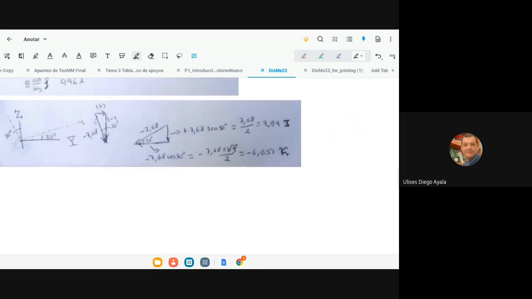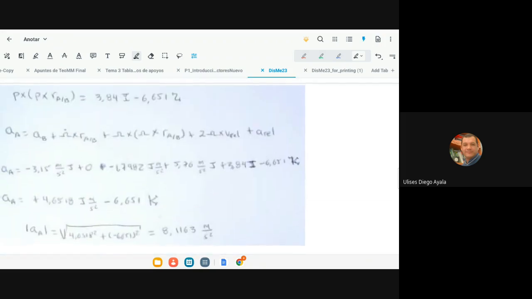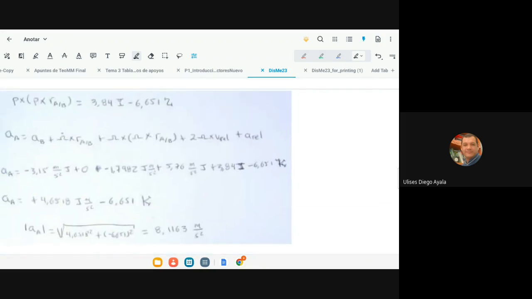Okay. So, in the final one, then, we just add everything. We define the question again. This is the value in the lower letters, in the capital letters. So we have everything in capital letters.